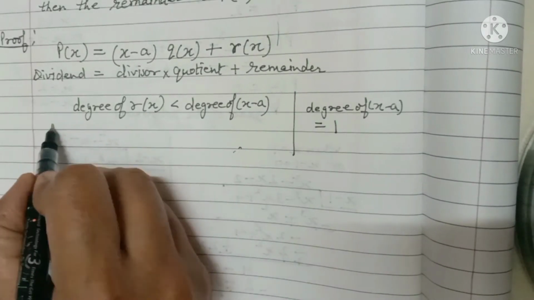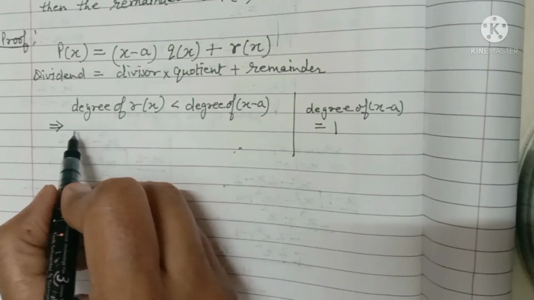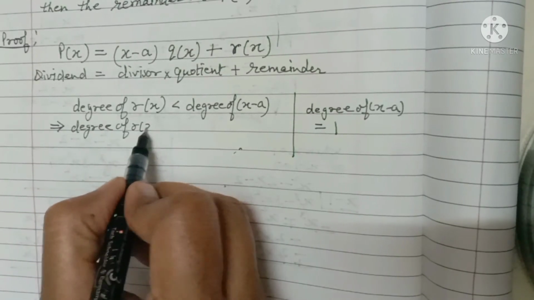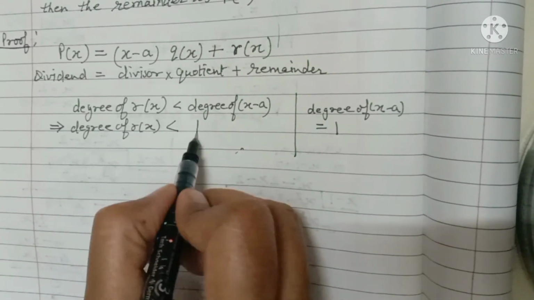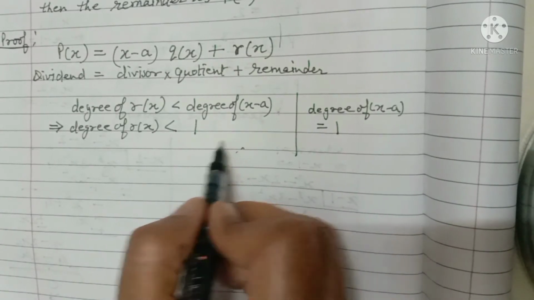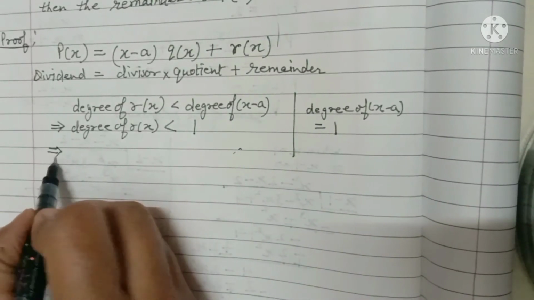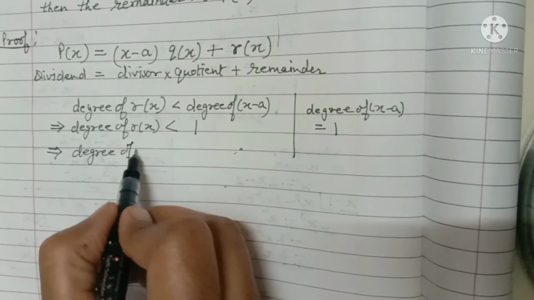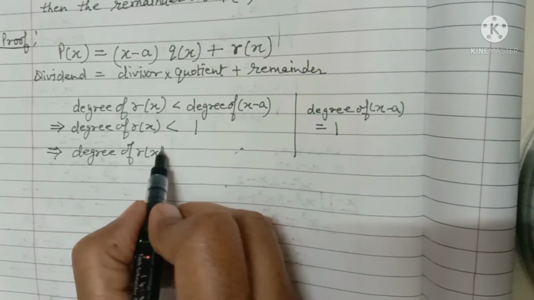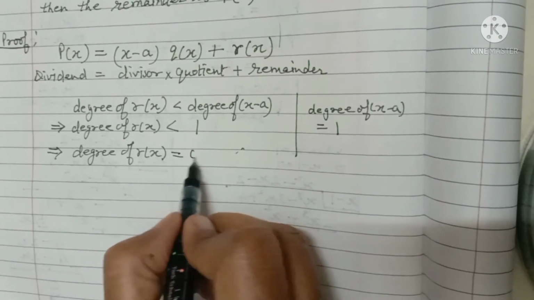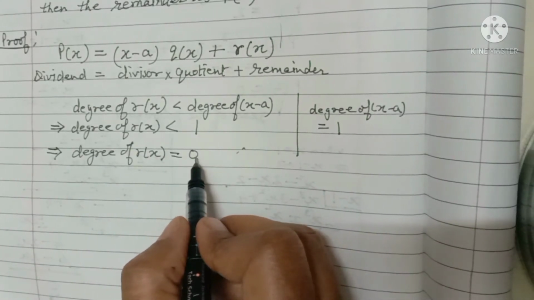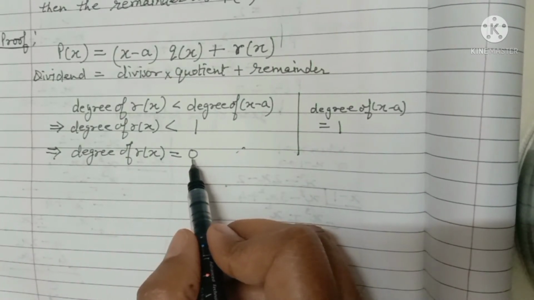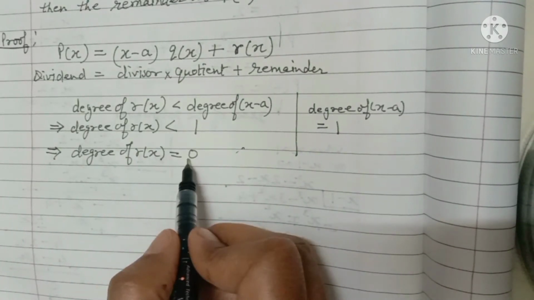So it implies degree of R(x) is less than 1, which implies degree of R(x) is equal to 0, because whole numbers start from 0 and the number less than 1 is 0. So the degree of the remainder is 0.